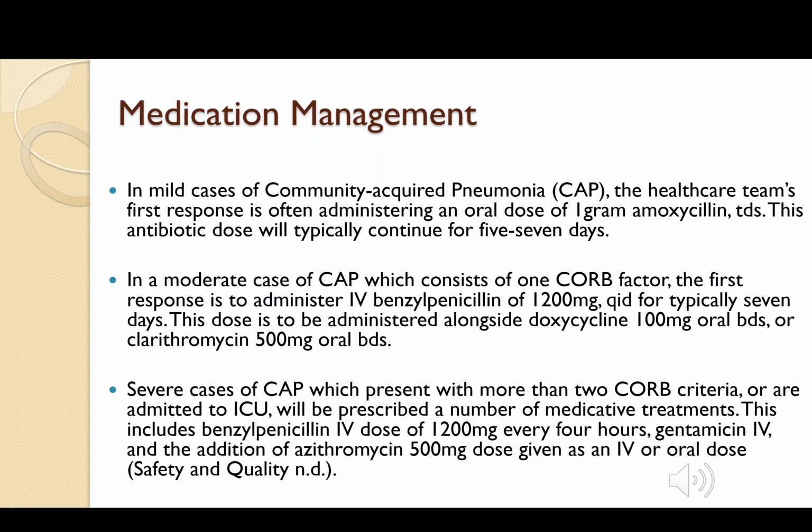Severe cases, which present with more than 2 CORB criteria, or the patient is admitted to ICU, the patient will often be prescribed a number of medicative treatments. This includes benzyl penicillin IV dose of 1,200 milligrams every 4 hours, gentamicin IV dose, and the addition of azithromycin 500 milligram dose given as an IV or oral.